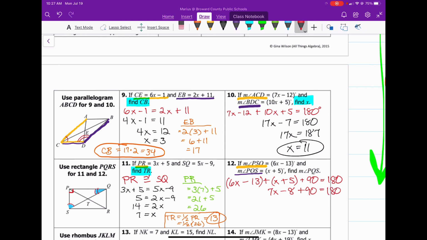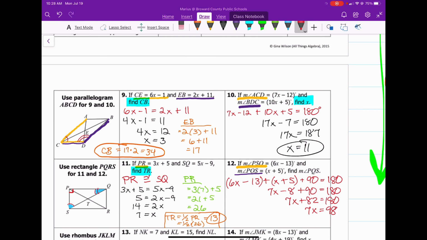Okay, and after that, we can combine those first, so that's going to become 7x plus 82 equals 180. Then that's going to become 7x is equal to 98, because we're going to subtract 82 from both sides. And when we subtract 82 from 180, that becomes 98.